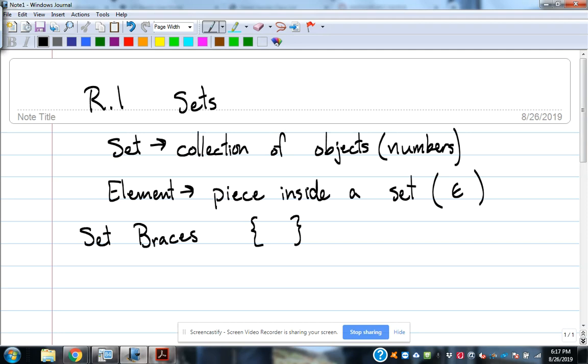So you got one on the left, one on the right. Some people end up making them like that, and it looks like threes backwards. That's not curly braces. Try to write curly braces the right way. I'll try to do a decent job of drawing them. Sometimes when I get in a hurry, they get a little squiggly, but I'll try to do a better job of that. So set braces. If you see those braces, you know everything on the inside is a set. That's in mathematics. That's what that means.